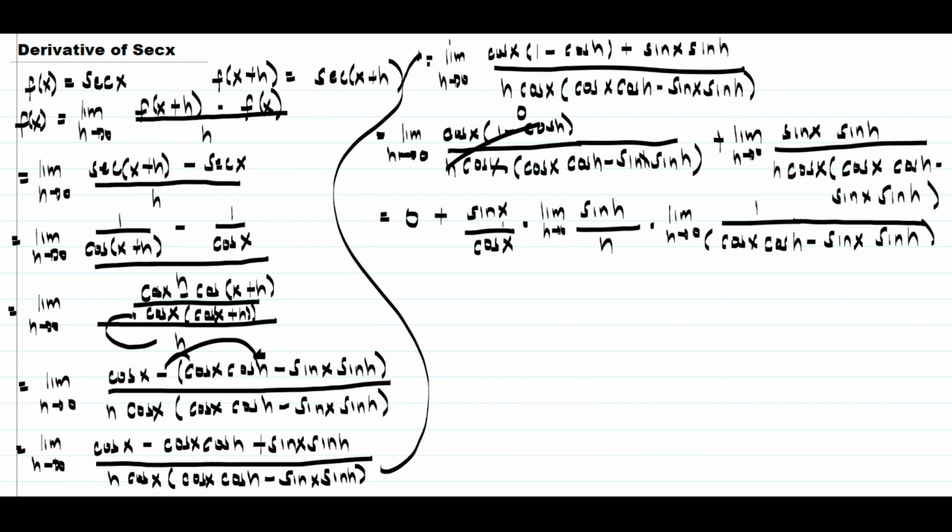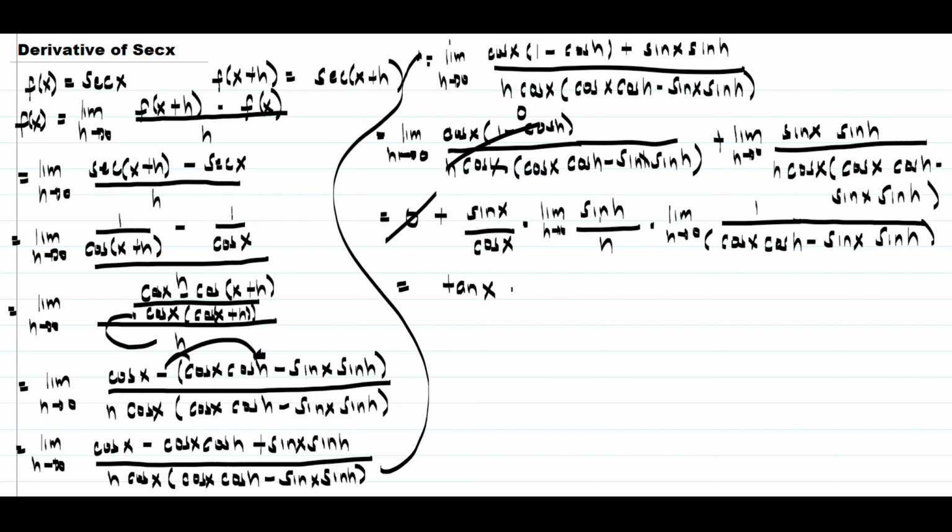As you can see, we have sine x sine h times 1, still sine x sine h, and the denominator h cosine x with this entire expression. So let us simplify this. Sine x over cosine x is tangent x.